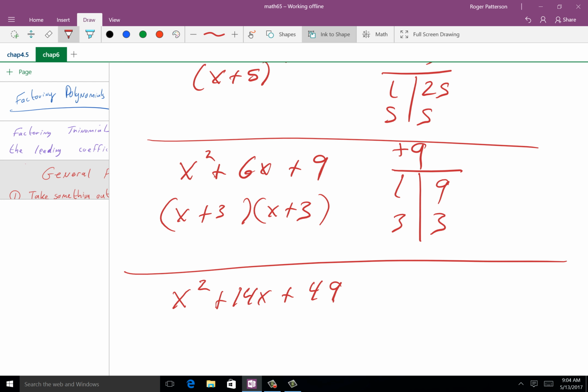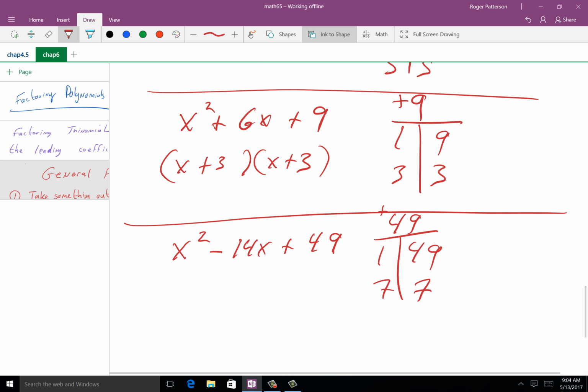I'll make this one a minus. What's it going to factor to? X minus 7, then x minus 7. Yep. Okay.